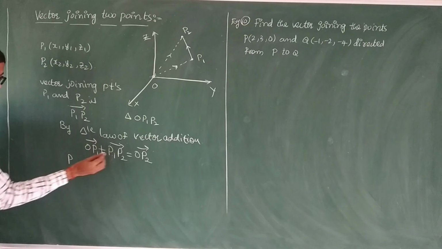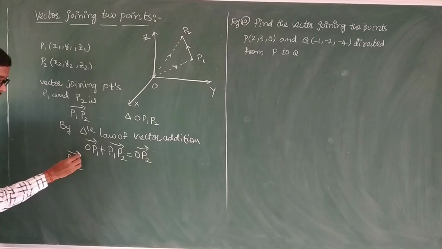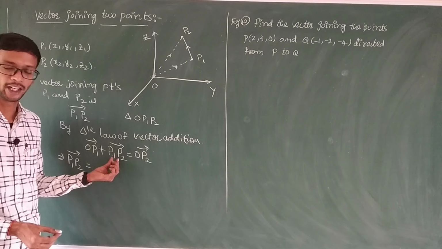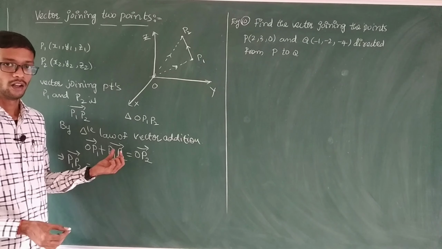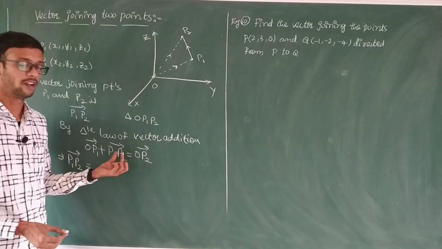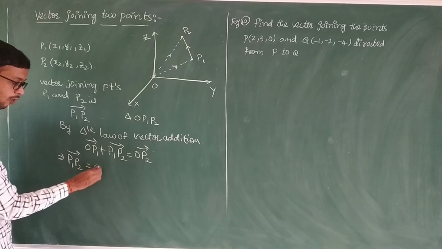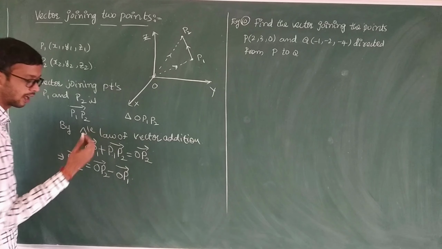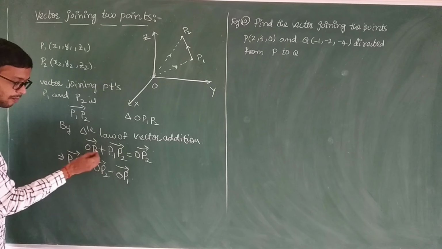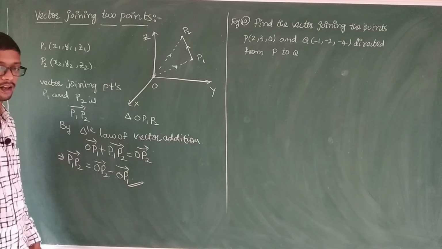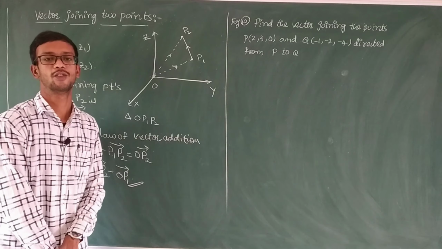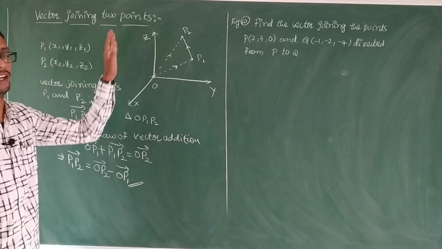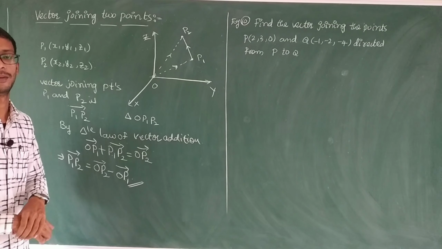So we just need P1P2 bar. The vector joining the two points P1 and P2 is OP2 bar minus OP1 bar. This is the vector joining two points. Very simple here.